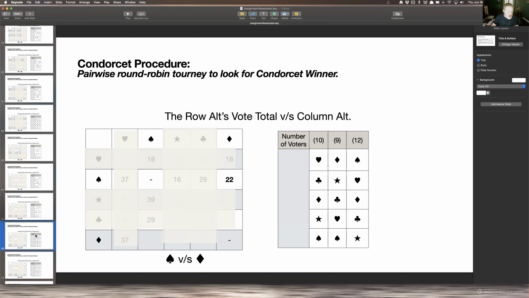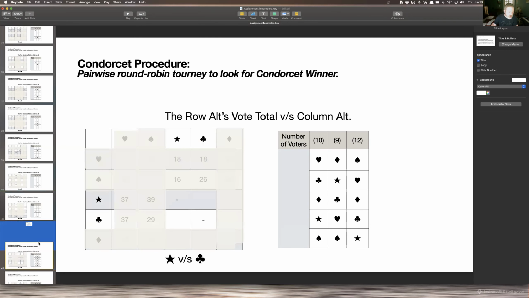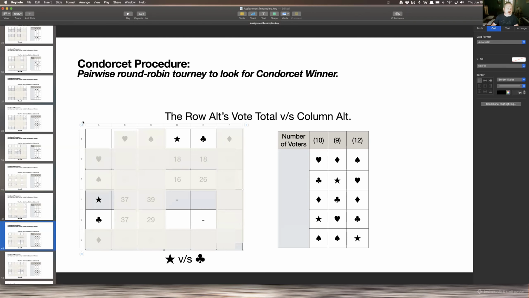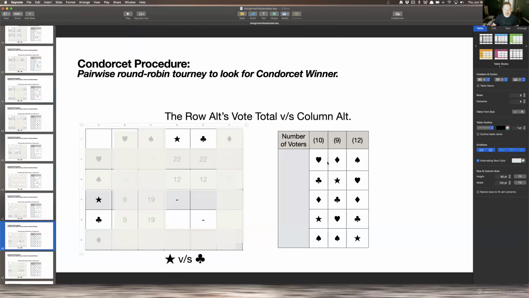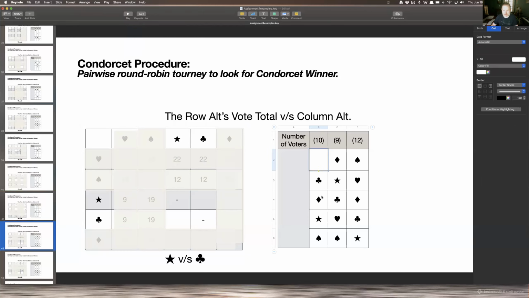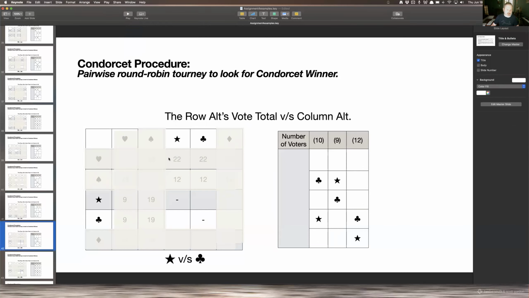So I'm going to get rid of, we don't need that, we don't need that. So now we're doing stars versus clubs. Let's get rid of everything that's not a star and a club. All right, so this is stars versus clubs.